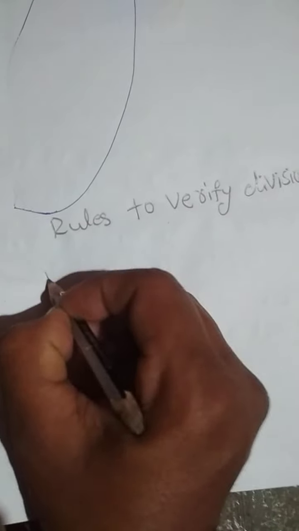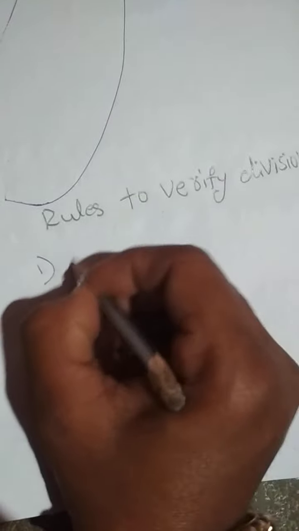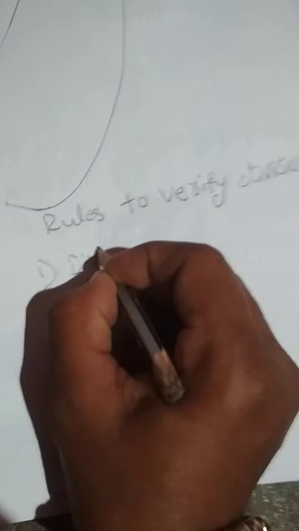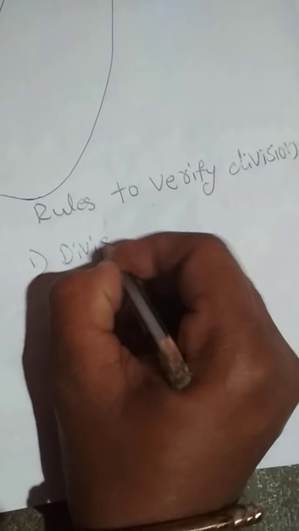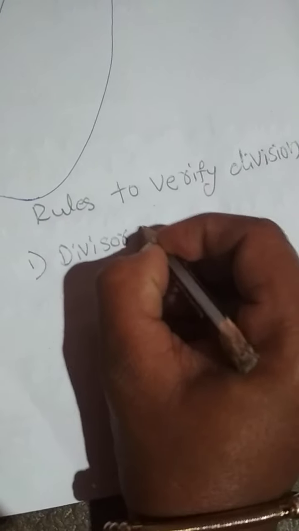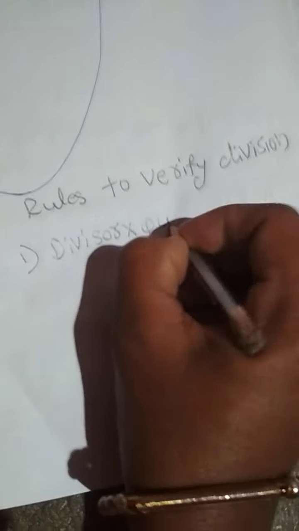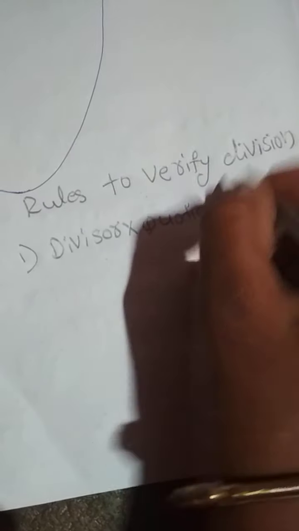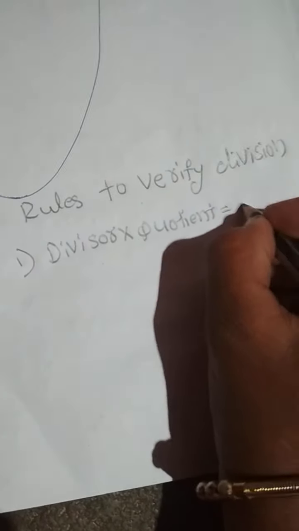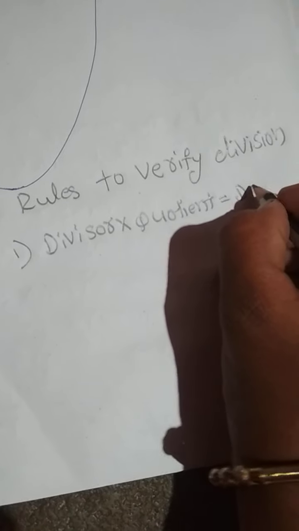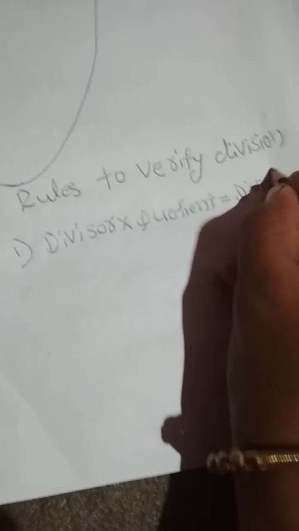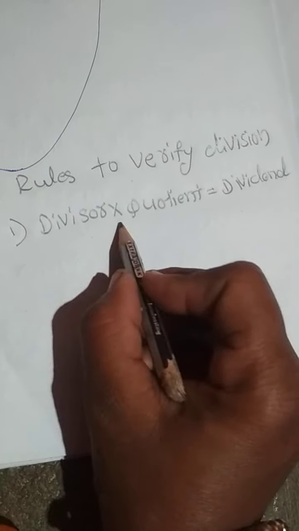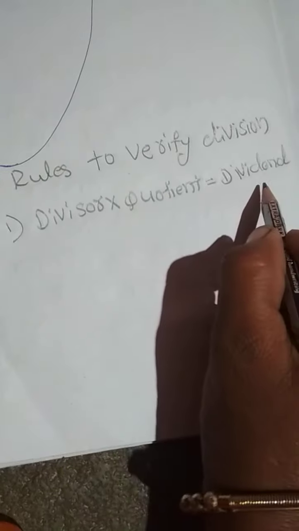When you verify division, there are rules. The first rule is there, students: divisor into quotient equal to dividend. Okay students, divisor into quotient equal to dividend.